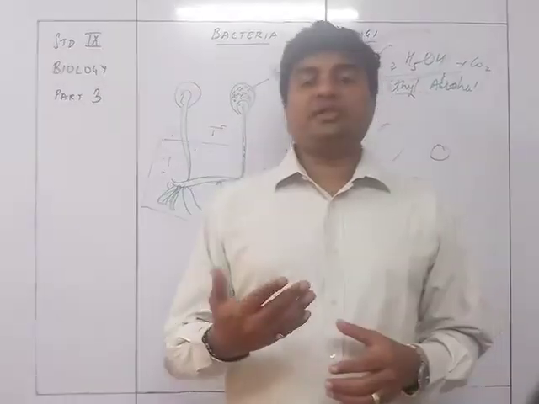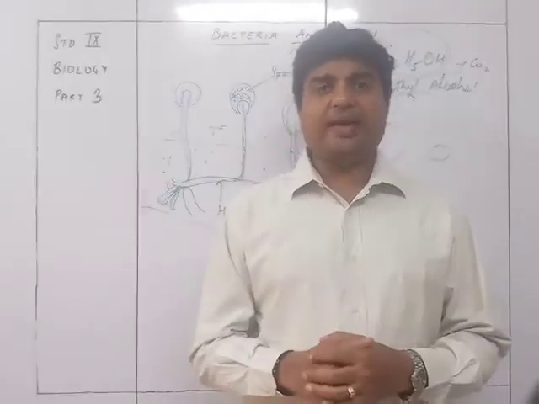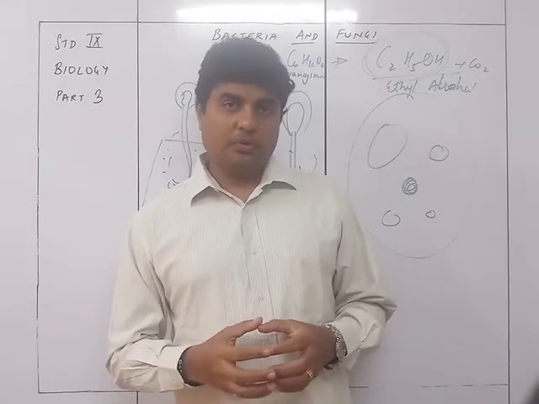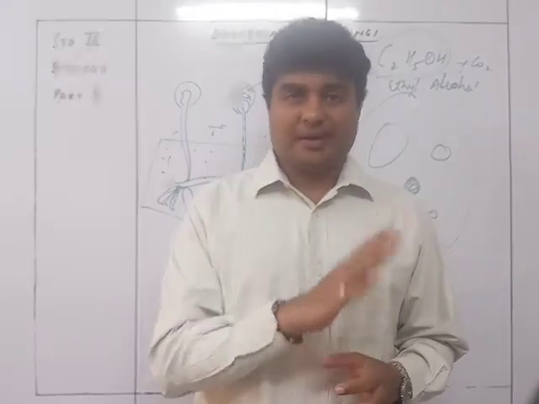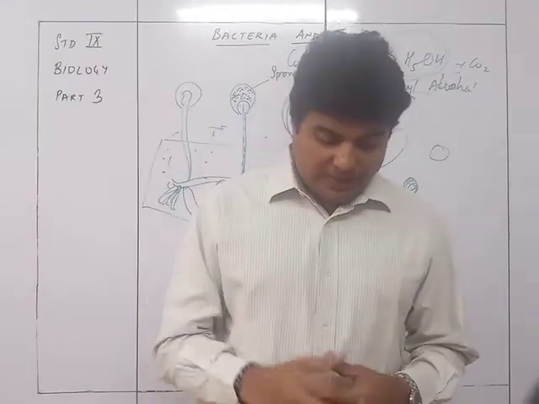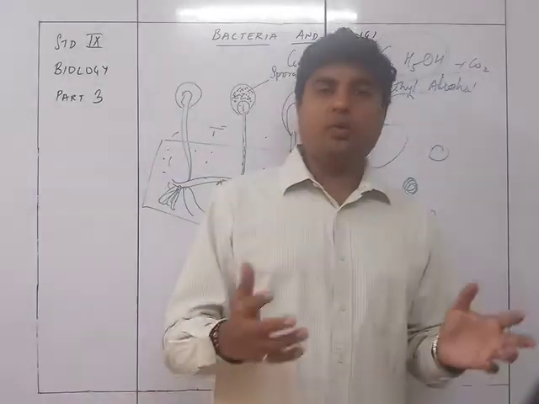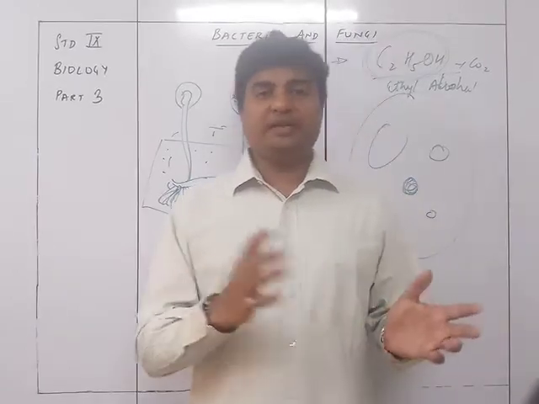Till the percentage of alcohol becomes 12%, the yeast is able to survive. But as soon as the alcohol content increases beyond 12%, the yeast gets killed. So what remains after that is the wine, because the yeast has already been killed.